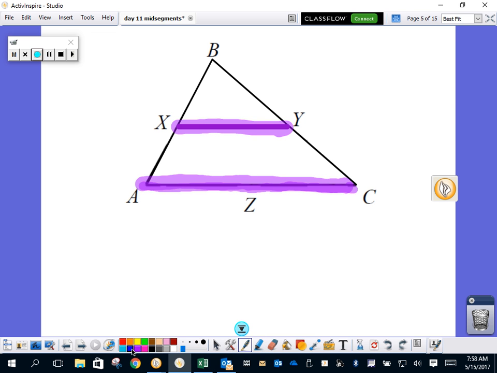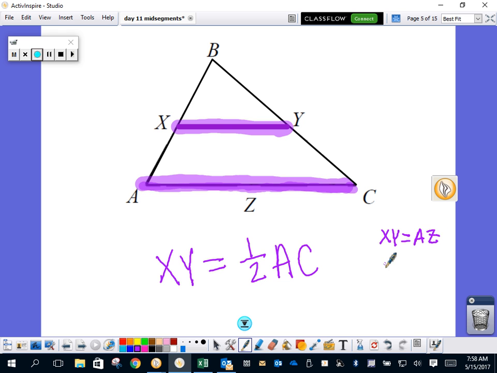So the relationship between the mid-segment and the base of that triangle: XY is half the distance of AC. We also know that XY equals AZ and XY equals BC.